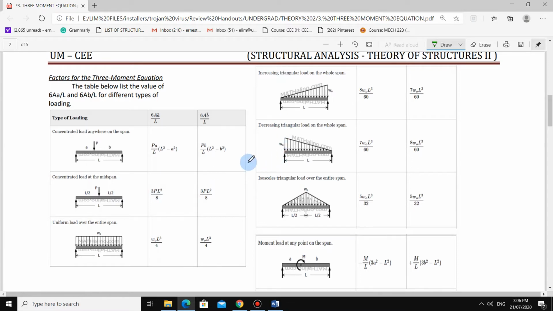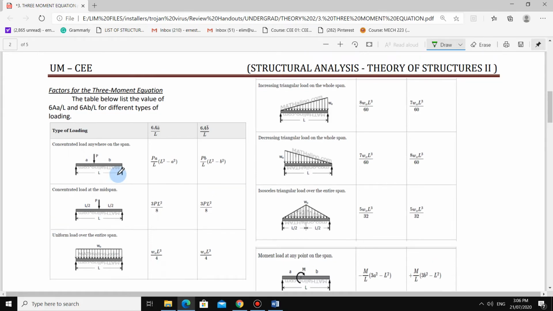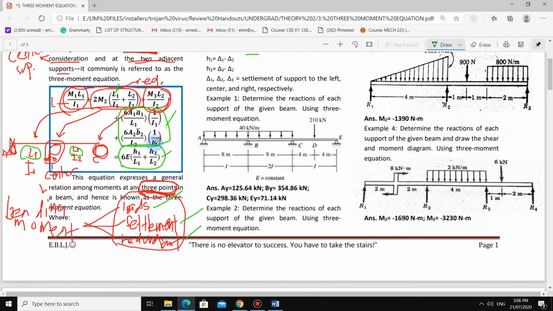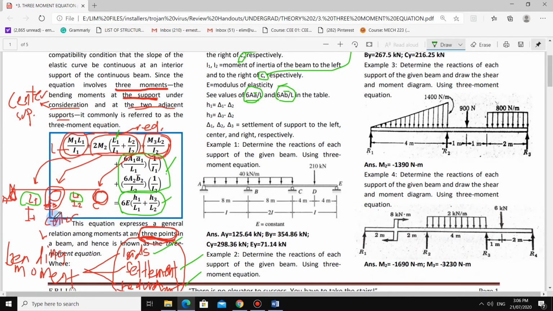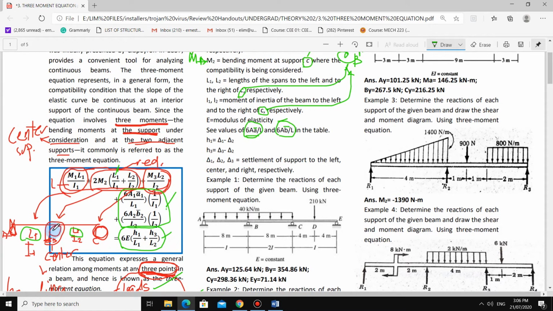These are the common loadings that we will encounter. So what do 6A bar over L or 6A B bar over L mean? Earlier we had the center support at B, then the adjacent support at A on the left side and at C on the right support.